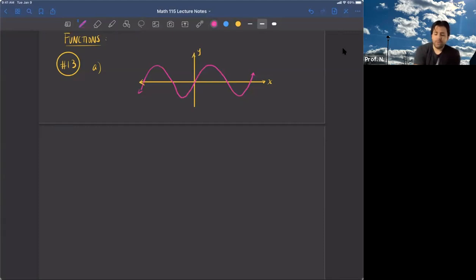Okay. So how do we determine whether a graph is a function or not? We have to apply the vertical line test, right? So when we apply the vertical line test, obviously it checks out.